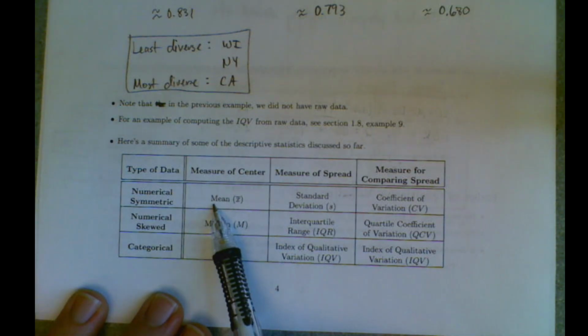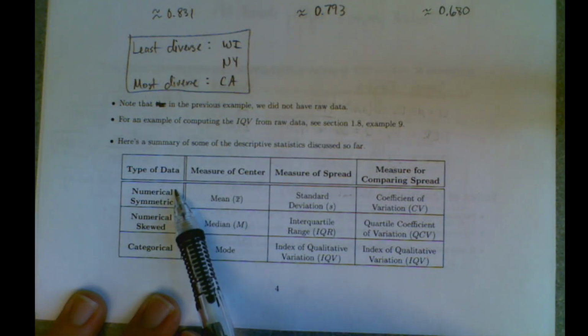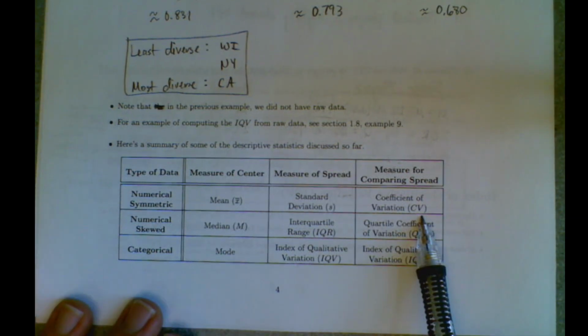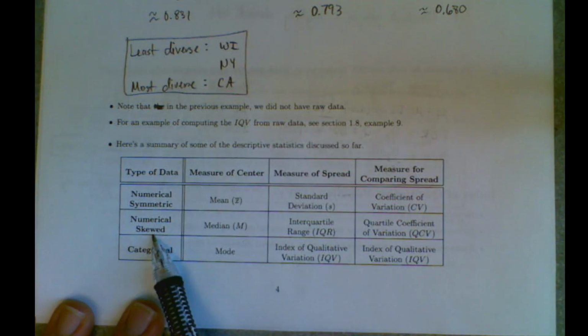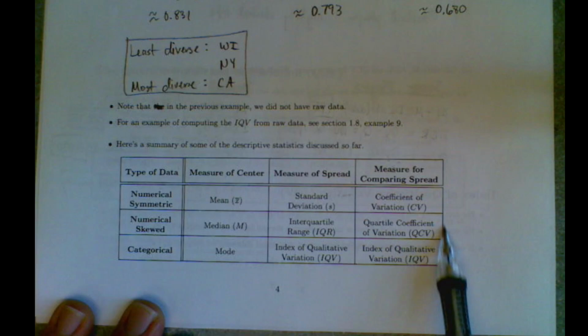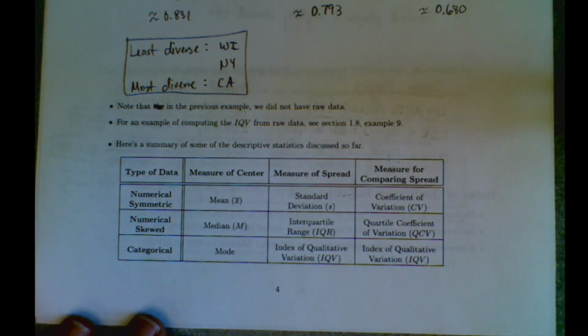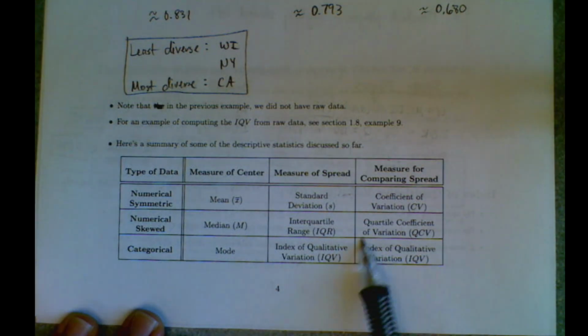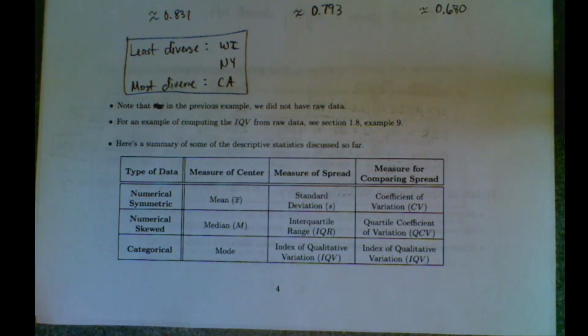But if you're trying to compare two data sets, then if the data sets are both numerical and symmetric, you should compare their means and their coefficients of variation. If the data sets are numerical and skewed, you should compare their medians and their quartile coefficients of variation. And if the data sets are categorical, you should compare their modes and their indices of qualitative variation, so their IQVs.